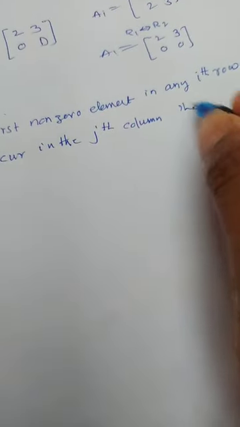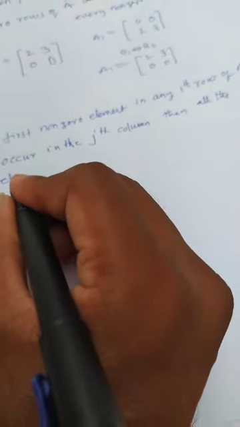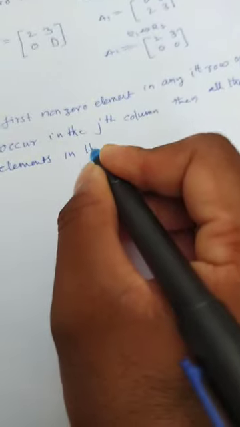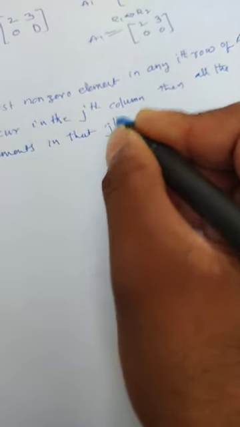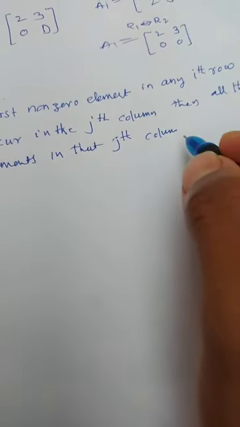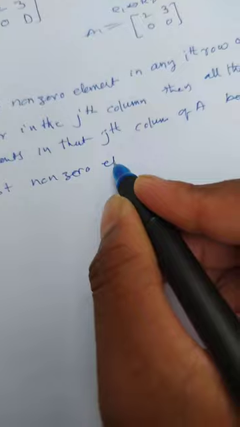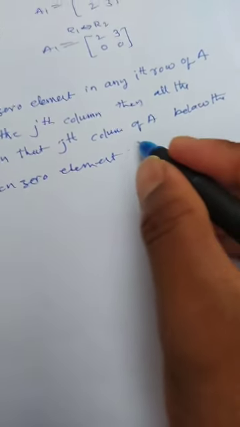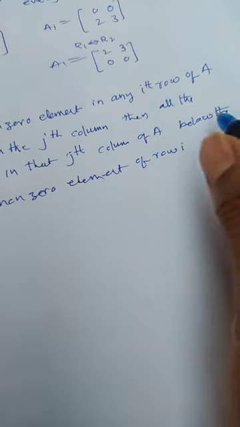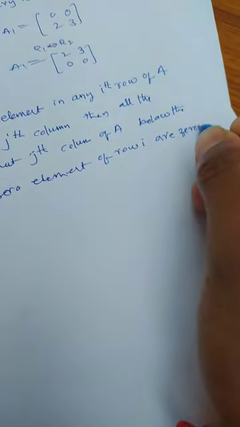Then all the elements in that jth column of A below the first non-zero element of row i are zeros.